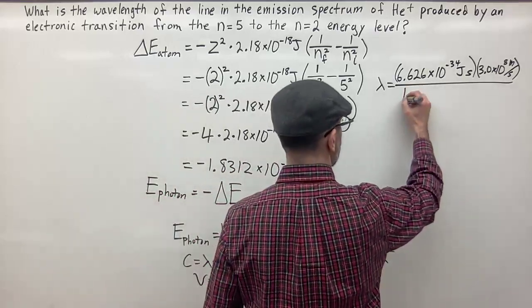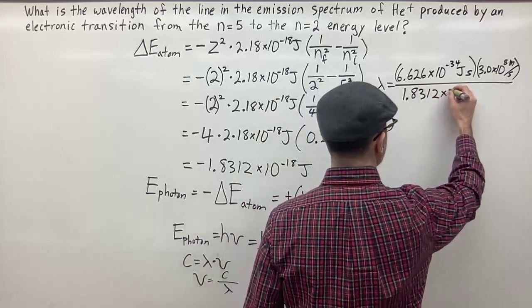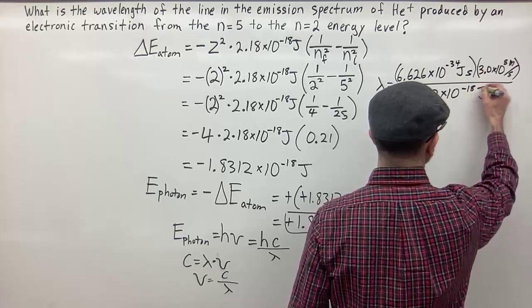So that's going to be 1.8312 times 10 to the negative 18 joules.